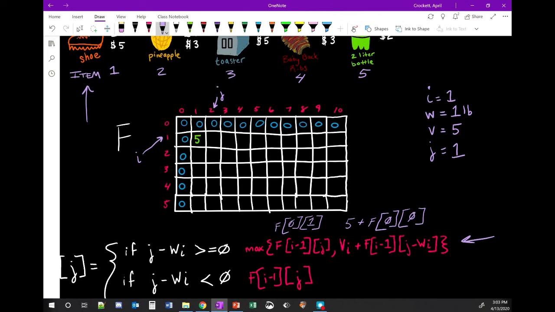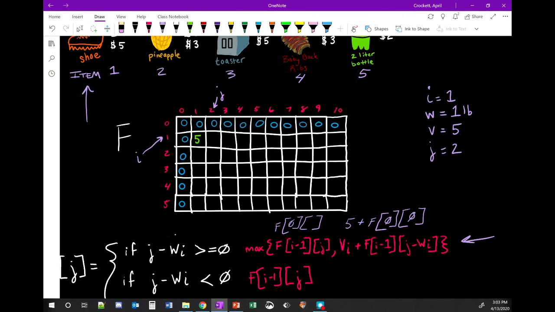And we would do the same thing. So j is now 2. We're still at this first item, so the weight, the value, and i remain exactly the same. The only difference is now we need to make sure 2 minus 1, which is just 1, is greater than or equal to 0.